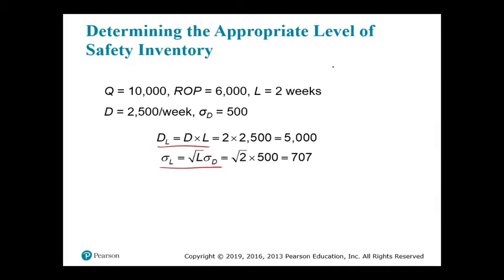Very briefly, the variance of DL is equal to the sum over t from 1 to L of the variance of D_t, and assuming the demands are independent from time to time, this is L times sigma D squared.